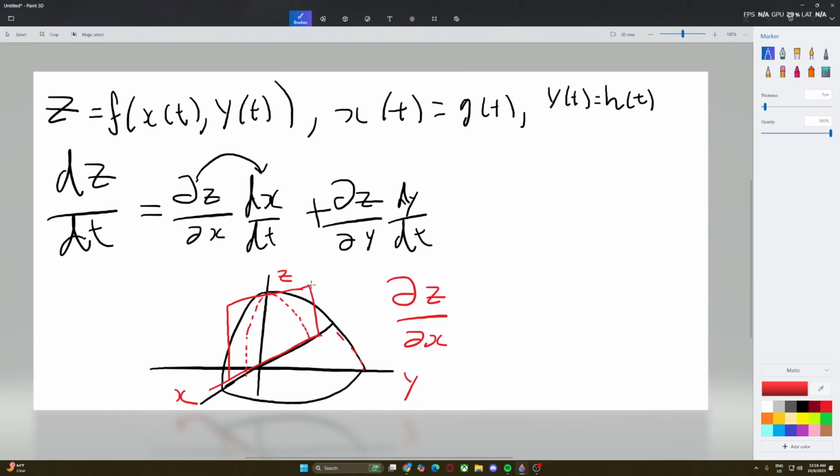Let's say you cut out this section of the function. Wait, this is y. It is the partial derivative of x at some y. Because we keep x and y still, and we just get this line.